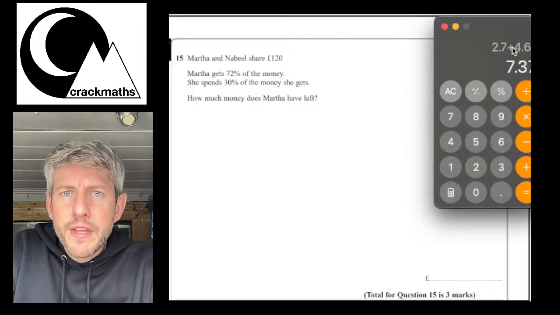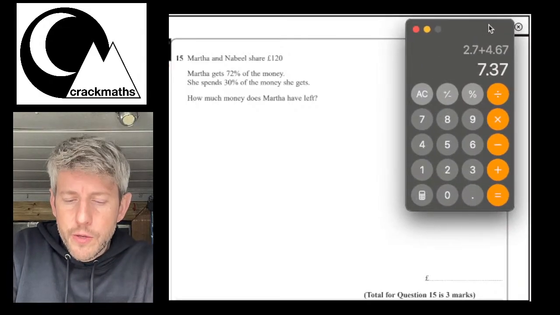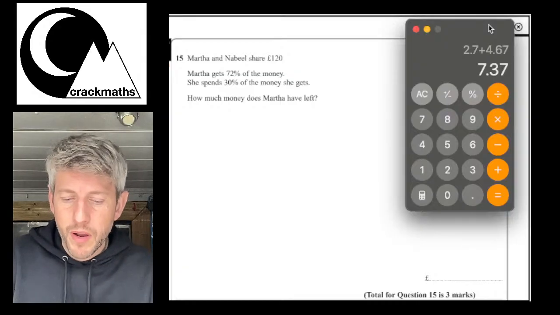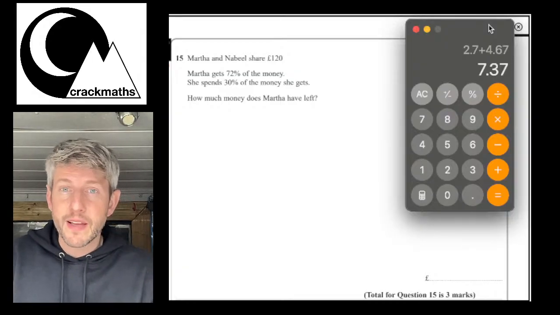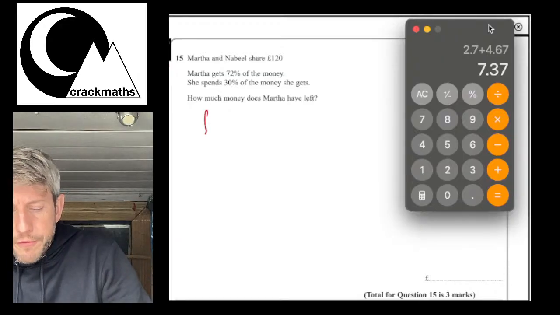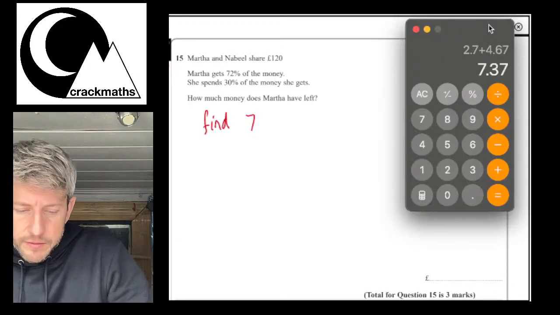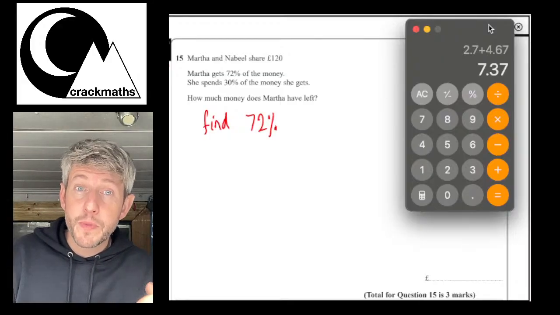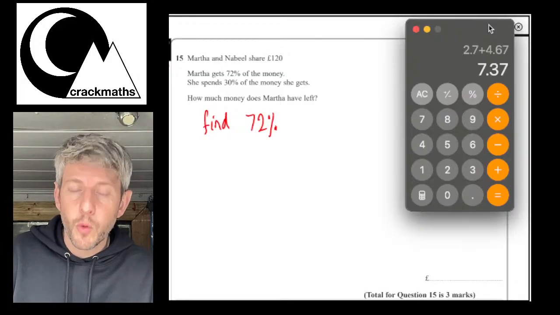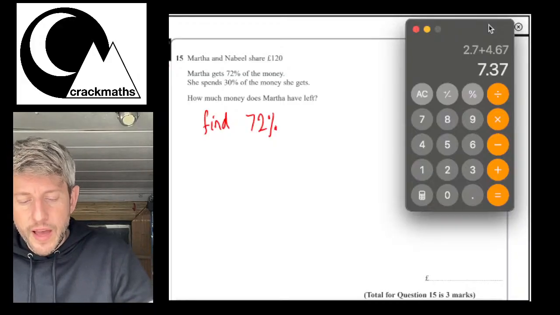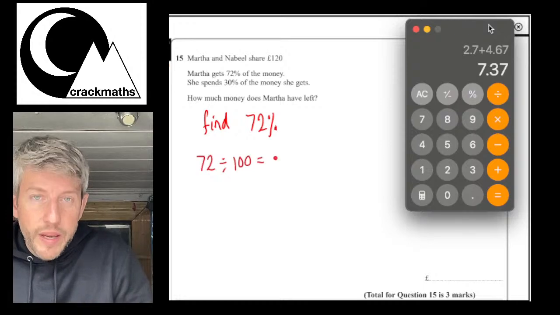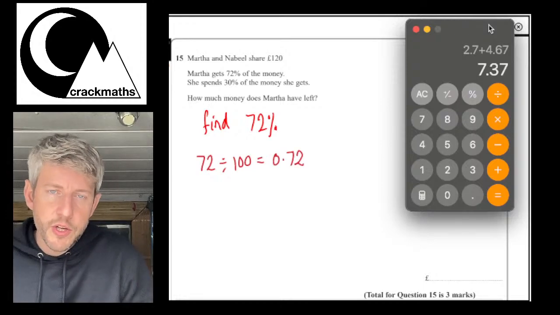Okay, right. So for this question, I am going to use the percentage equivalent decimal multiply method for finding out the percentage. So if you want to find 72% of something, what we can do is we can turn 72% into its decimal equivalent. The way that we do that is we do 72 divide 100, and then that will equal 0.72.